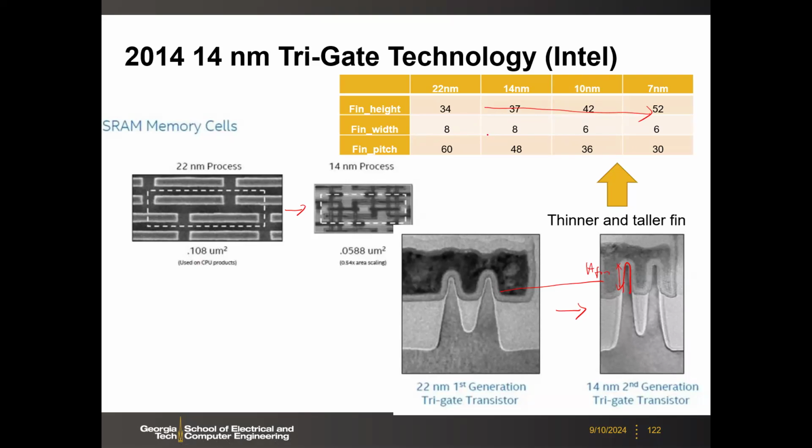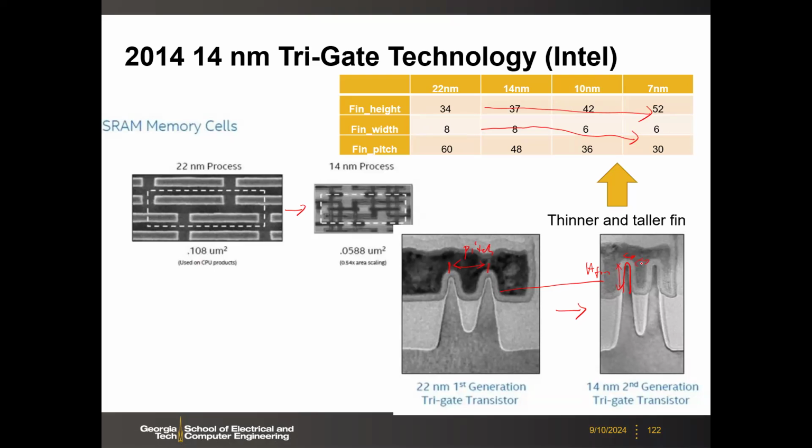And then the fin width becomes a little bit smaller. Of course, it's very thin already, like only a few nanometers, so you cannot really shrink too much. But the key point is that the fin height becomes larger, and also the fin pitch, that is the distance from fin to fin, also becomes smaller.